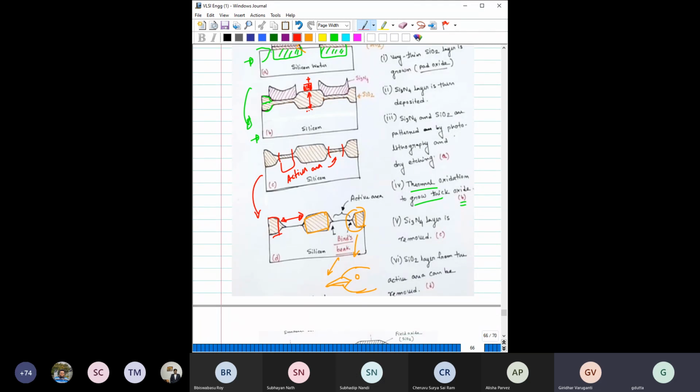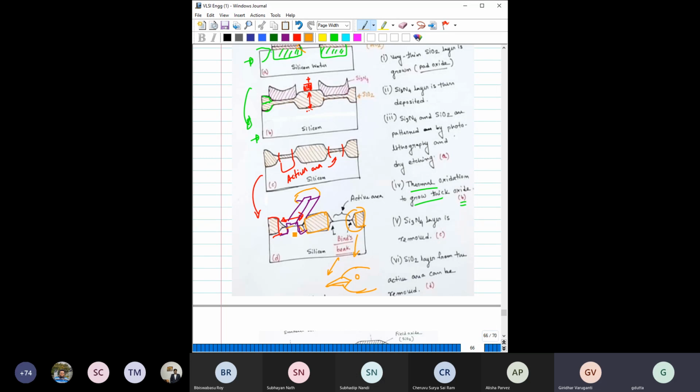Particularly from the width side, it will affect more. Now you can think you have a source and drain here, then you have a gate here. But if you think three-dimensionally, this oxide is also there on this side, and this oxide is also there on this side.